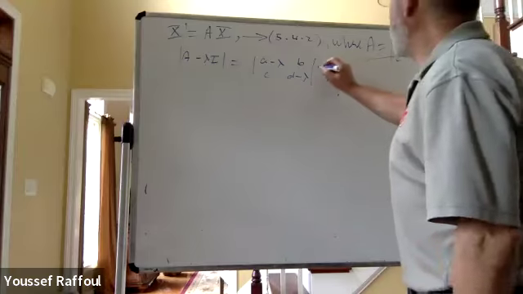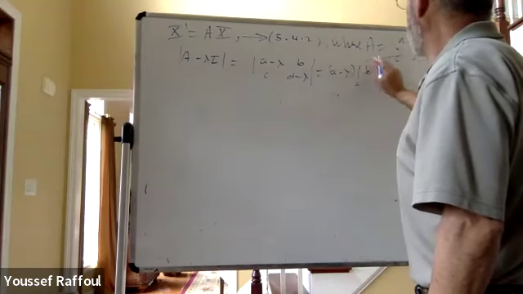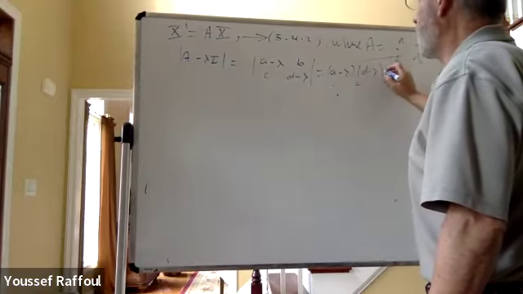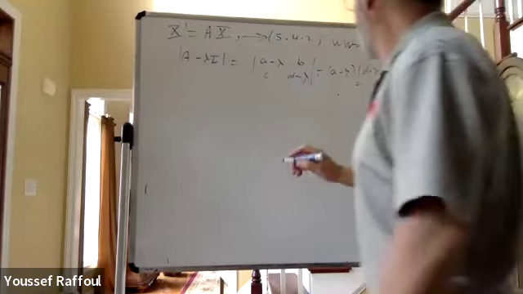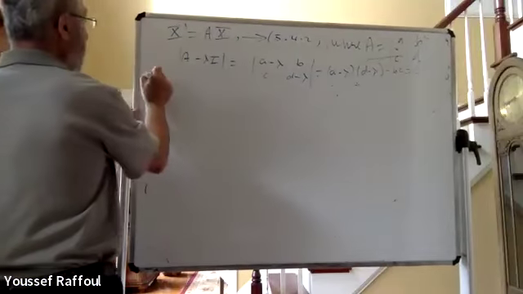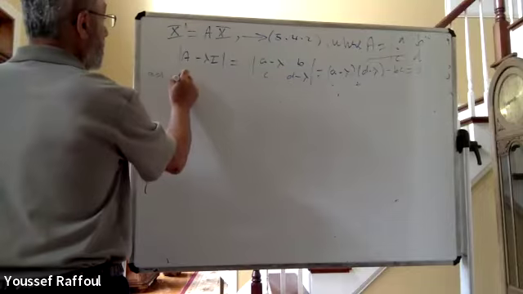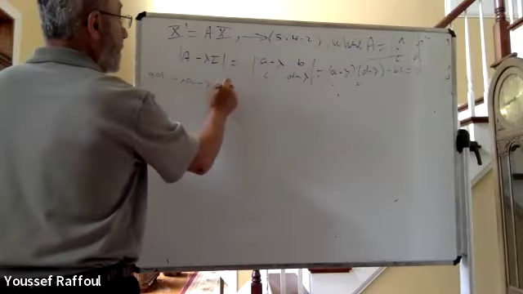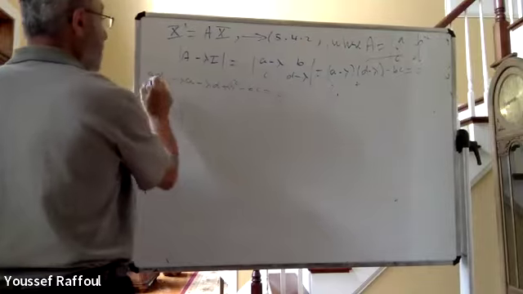All right, so this is (a minus lambda)(d minus lambda) minus bc equals 0. So we have ad minus lambda a minus lambda d plus lambda squared minus bc equals 0.